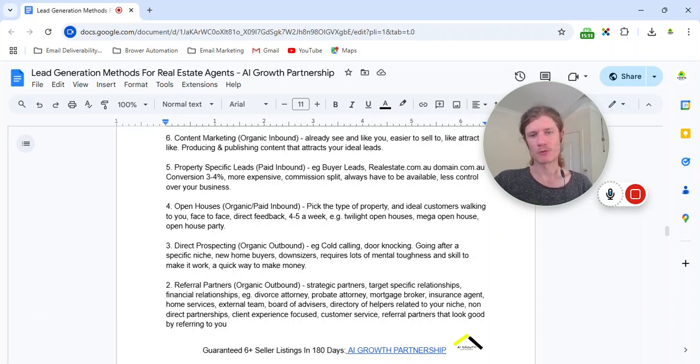So, for example, you could do twilight open houses, mega open house, and open house parties. So, some real estate agents find going all in on the open house to be really successful for their lead generation.